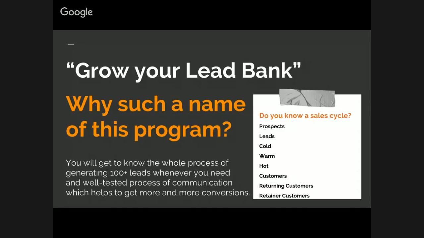Similarly, suppose after doing certain kinds of filtration you are left with a few valid prospects. These are known as leads. When you communicate with them, based on their action flow, their replies, and their actions over emails or phone calls, you can divide them into cold, warm, and hot leads.